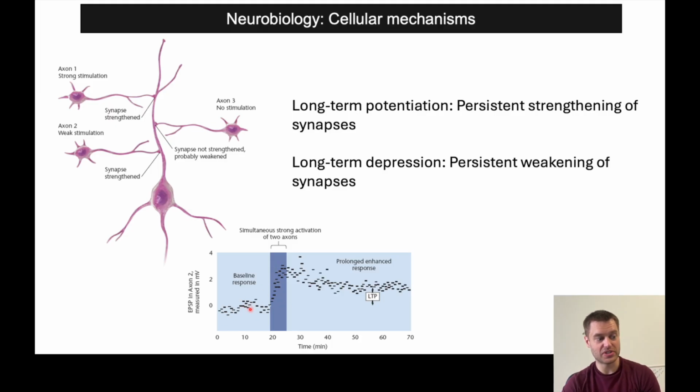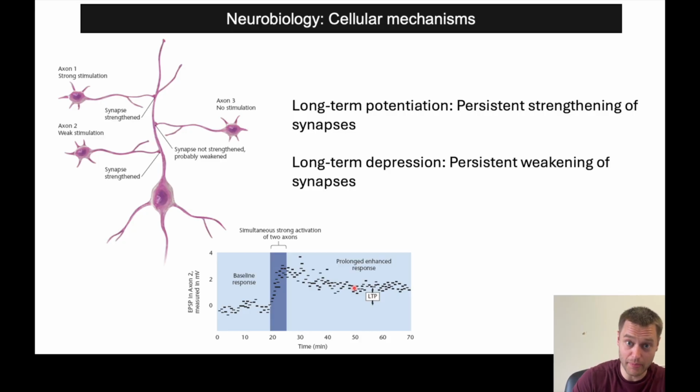And you can also see that initially, the excitatory postsynaptic currents here are lower than they are over here. So this increase strengthening in the excitatory signal is long-term potentiation, and this is the kind of canonical view of what's happening in the brain to cause a learned response.